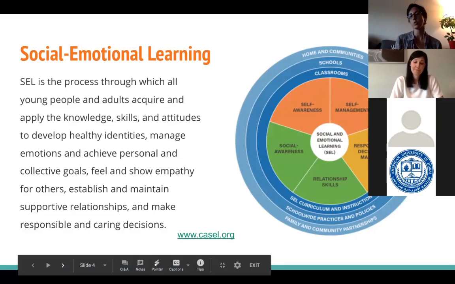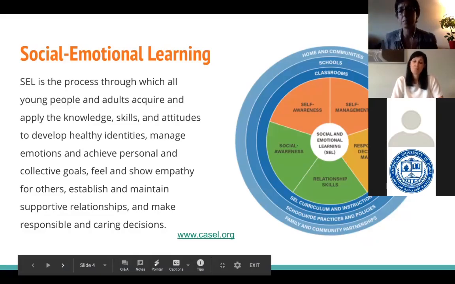That comes straight out of CASEL, which is the Collaborative for Academic, Social, and Emotional Learning, an organization that is at the heart of social emotional learning.